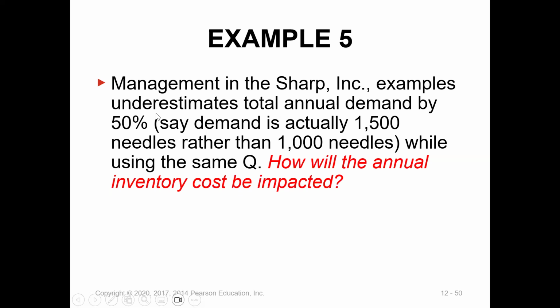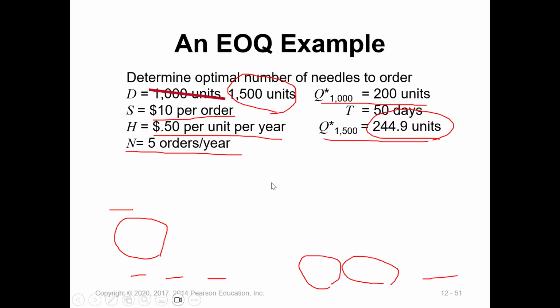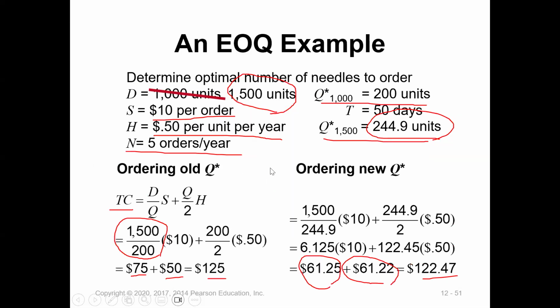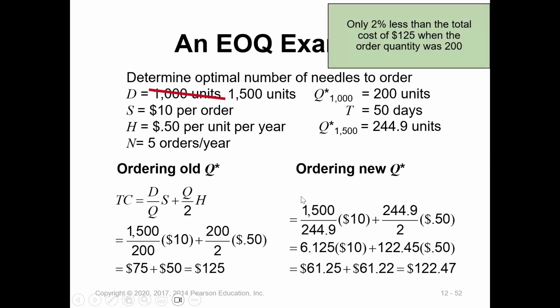This is another example here. Management in the Sharp Inc example underestimated total annual demand by 50%. Say the demand actually was 1,500 needles rather than 1,000 while using the same Q. How will the annual inventory cost be impacted? They made a mistake. So let's calculate for both and see. Determine the optimal number of needles to order for 1,000 units. So they used 1,500.